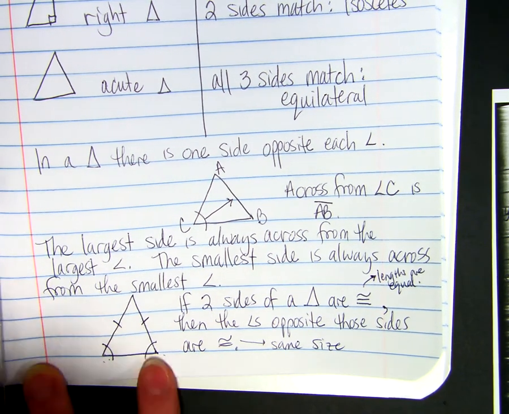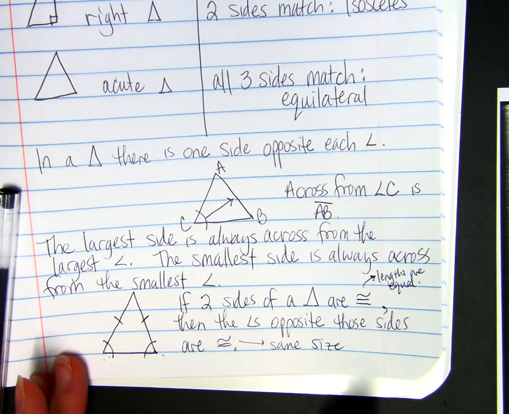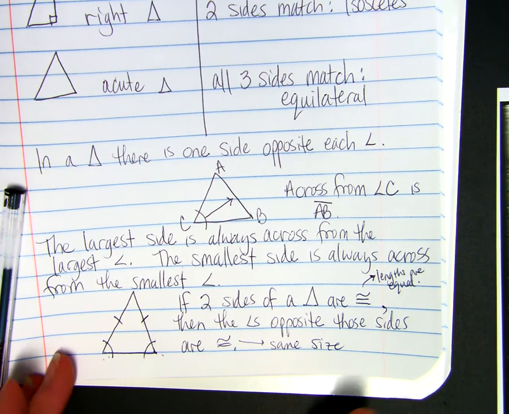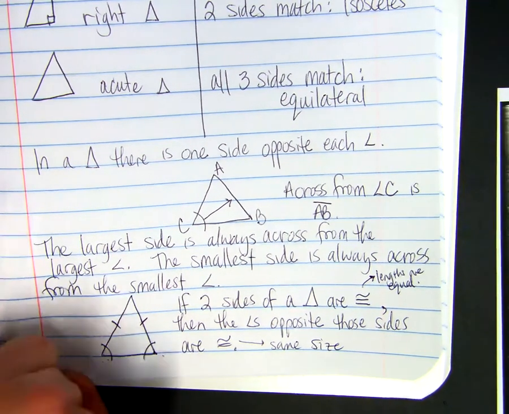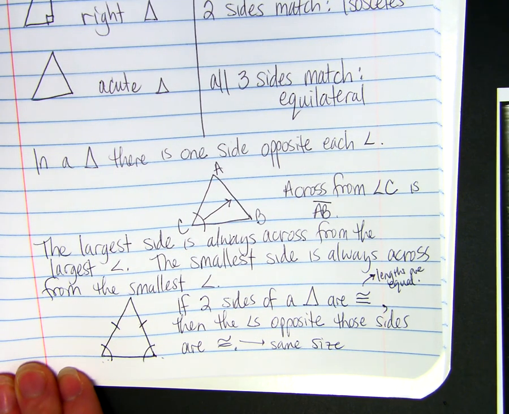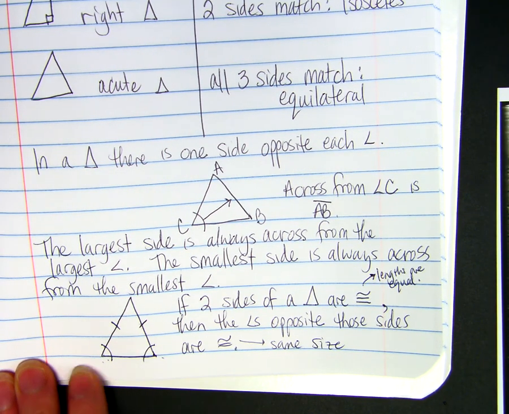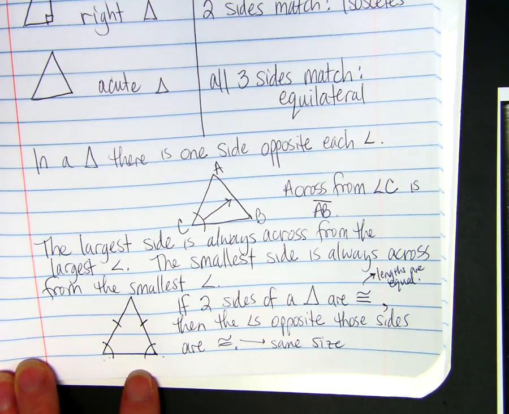So if you put your hands at a certain angle, the side, it's going to be a certain length between your fingertips, right? If you have another angle the exact same size, that length is still going to be the same distance. So that's the end of the lesson, and we're going to do some practice.